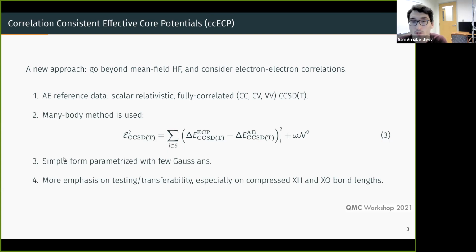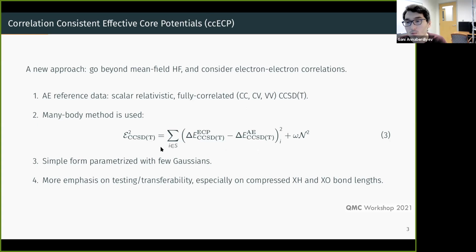Here the reference data is again scalar relativistic, but it's fully correlated data which correlates all the electrons, namely core-valence and valence electron correlations, using an accurate method such as coupled cluster with singles, doubles, and perturbative triples. And the objective function itself is related to many-body quantities.